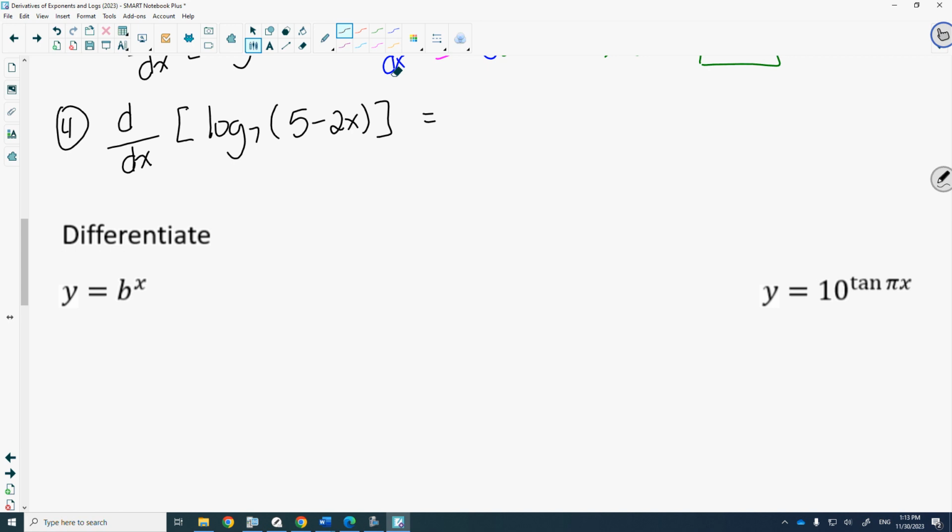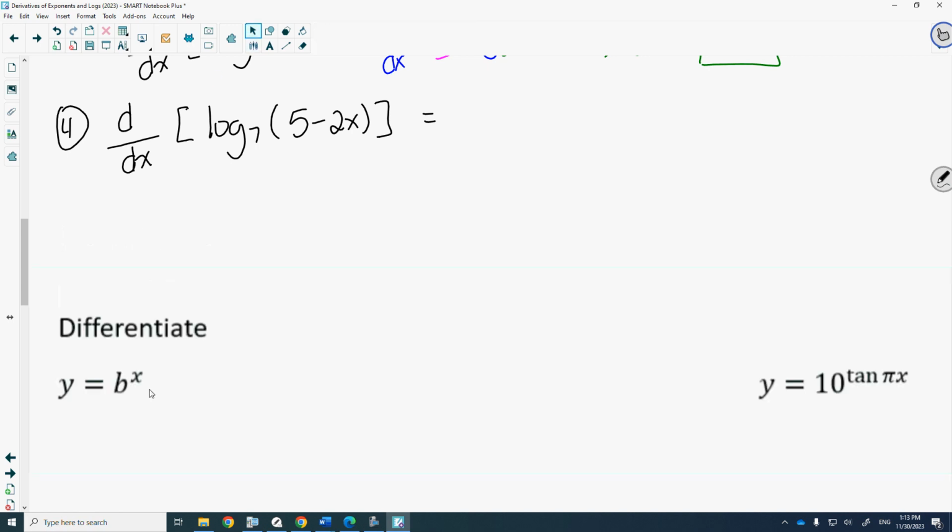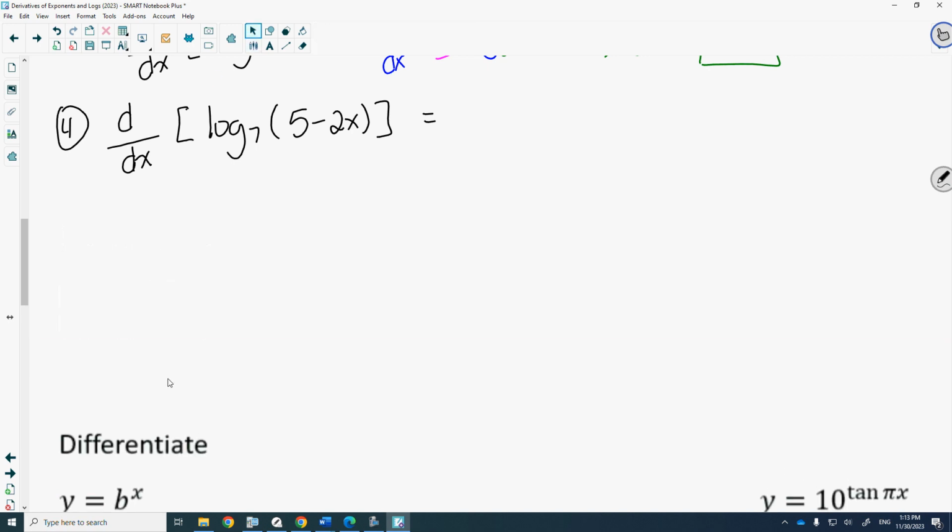So try that one. And then I want you to do number 5. And that's going to be find the derivative of log base 5 of tan of x.